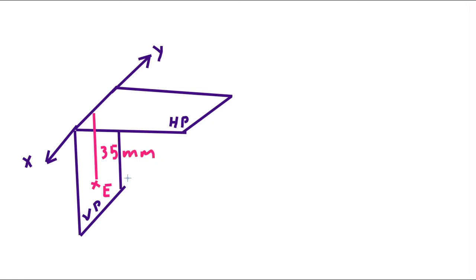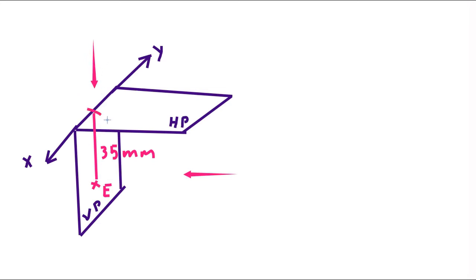So for the front view, we will view the object from this side, and for the top view, we will view the point E from the top.